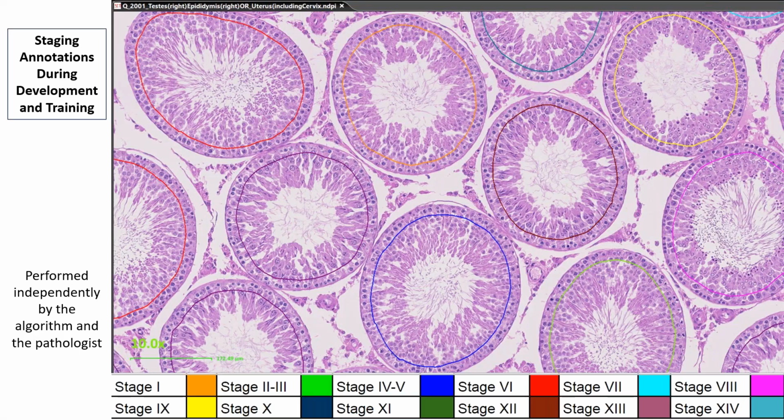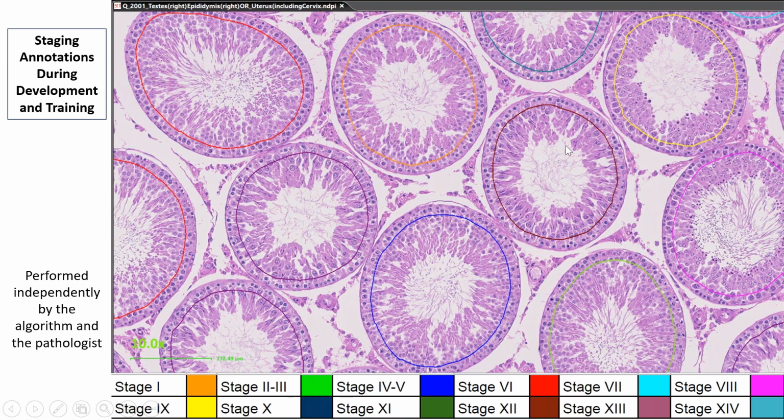So these were the annotated images that we used throughout the project. You can see here the scanned image, and the algorithm has gone through and staged each of the cross sections of tubules here, put a different color around them to distinguish which of the stages or which group of stages it's put them into.